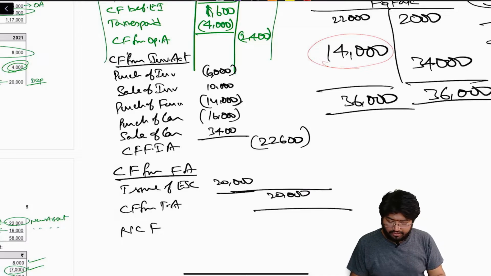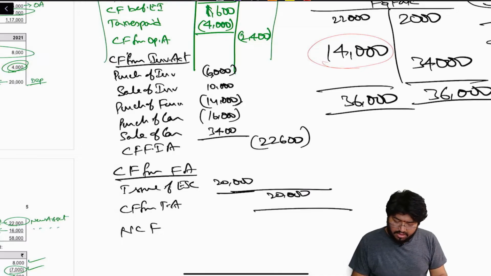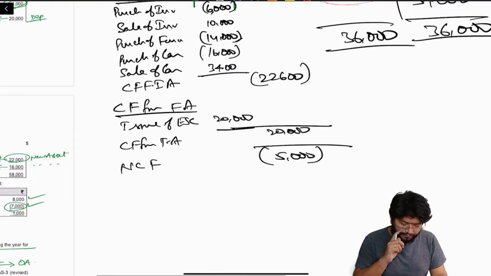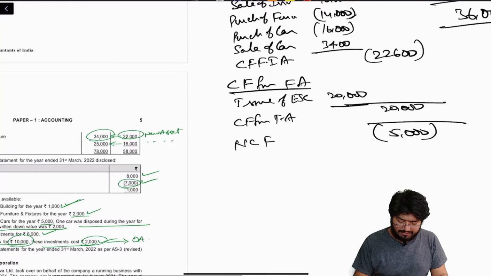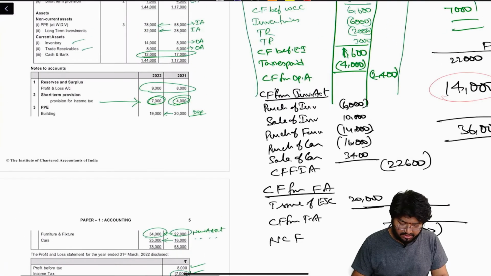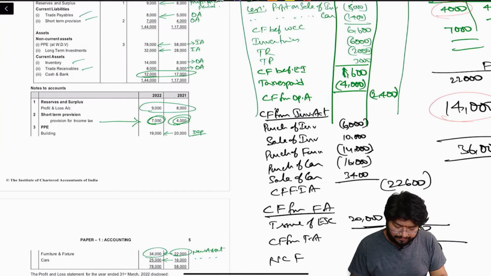So net cash flow would be 5,000 negative. Okay, 5,000 negative, and then you need to do a reconciliation whether it is matching with your cash and cash equivalents or not.